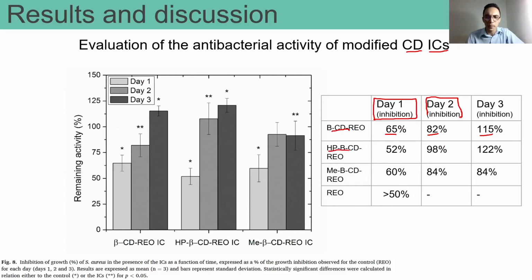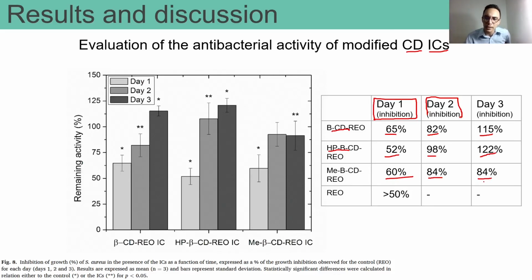For hydroxypropyl-beta-cyclodextrin, day one was almost 52%, day two 98%, and day three 122%. And methyl-beta-cyclodextrin was 6%, 84%, and 84% on day three.